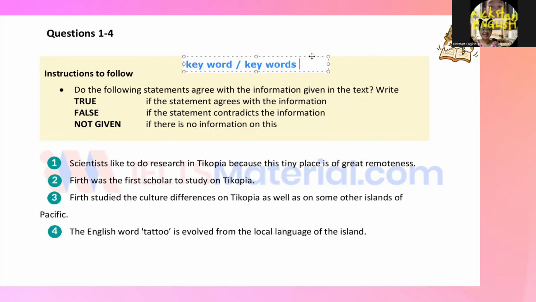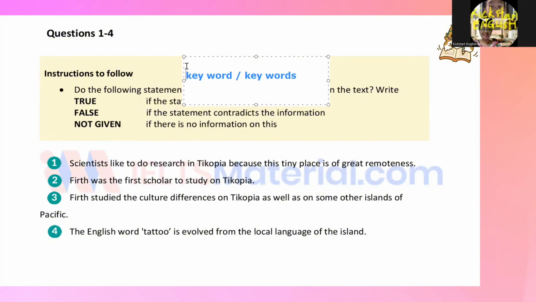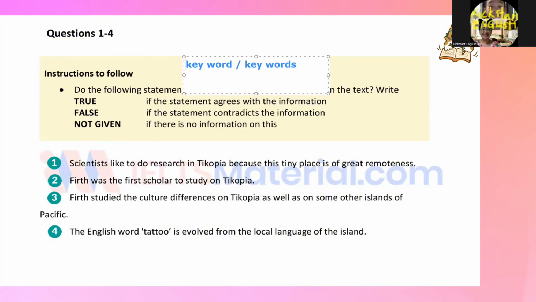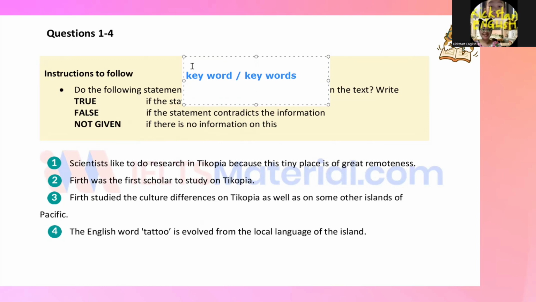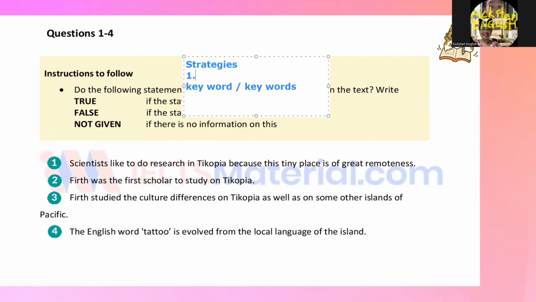Another strategy or technique that we can use, the first strategy, is using keywords. The next strategy is what we call scanning. You need to learn how to do scanning.